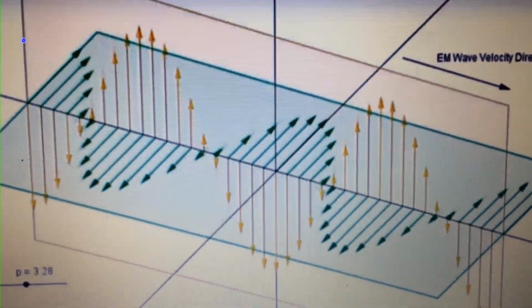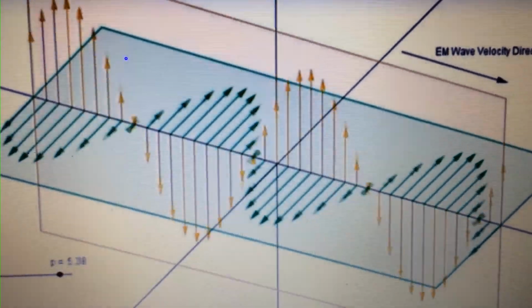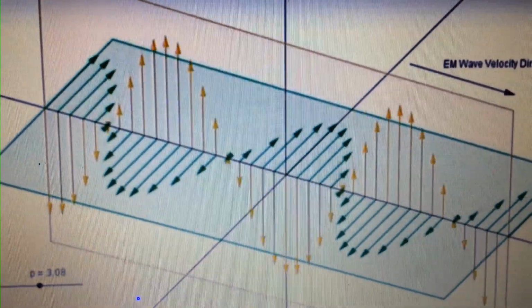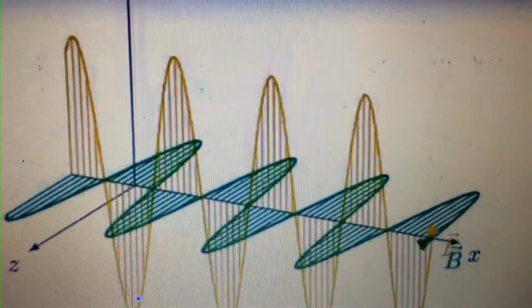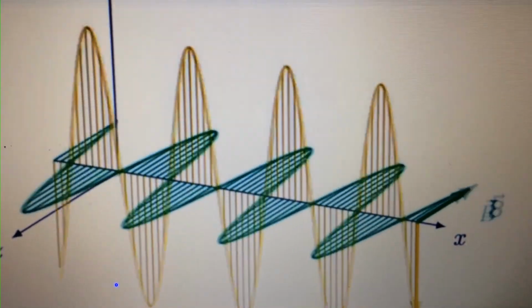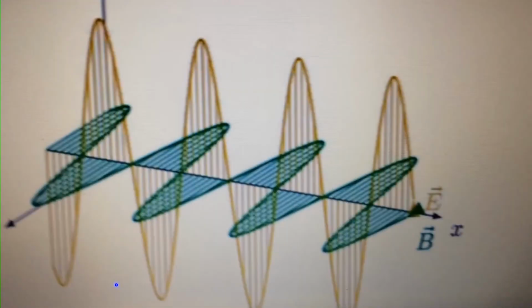Yellow arrows indicate the electric field, and green arrows indicate the variation of magnetic field. Okay, same. E and B. E stands for electric field and B stands for magnetic field.